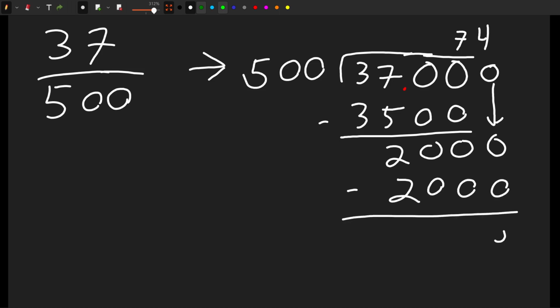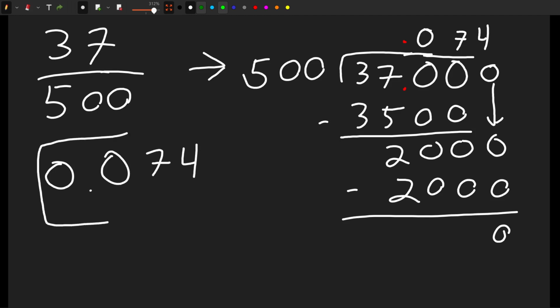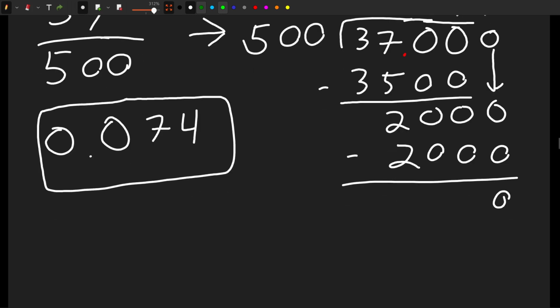Subtract it out, I get 0. Now I need to add an imaginary 0 up here to account for my decimal place being 1 spot over. And my answer is 0.074. I just realized I didn't write that in lime green, but it's okay. So I'll just move on to the next problem.